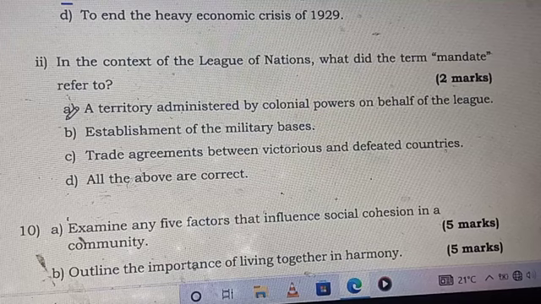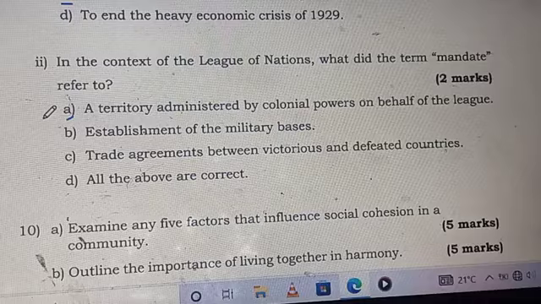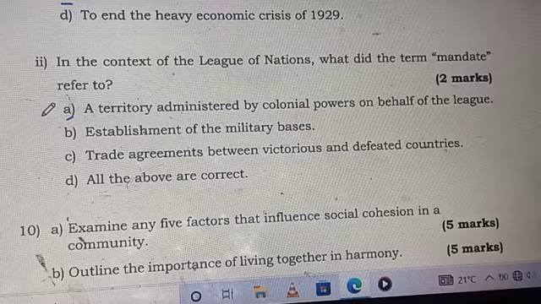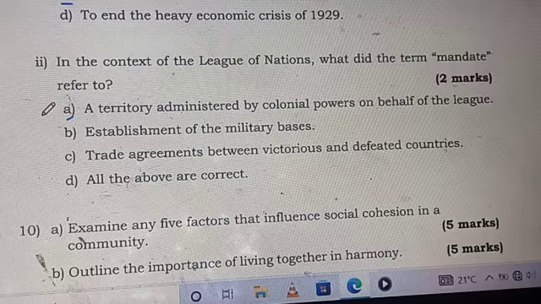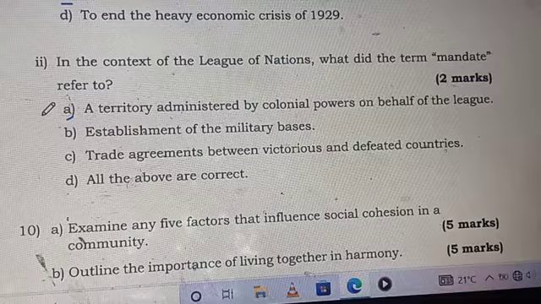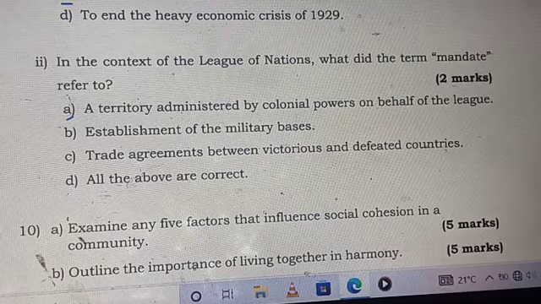The best option is letter A, a territory administered by colonial powers on behalf of the League. Former colonies of defeated countries were governed temporarily by powerful nations under the League. Okay.